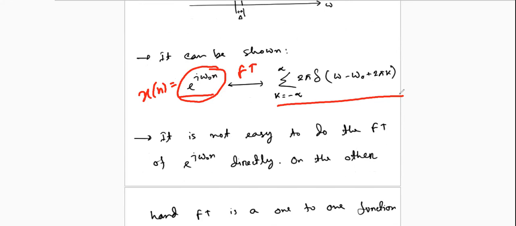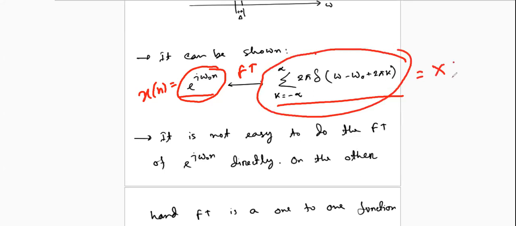Sometimes it's very difficult to find the Fourier transform of e to the power j omega 0 n, and very difficult to prove that this is the result. On the other hand, what we can do: we can take it as x of omega.